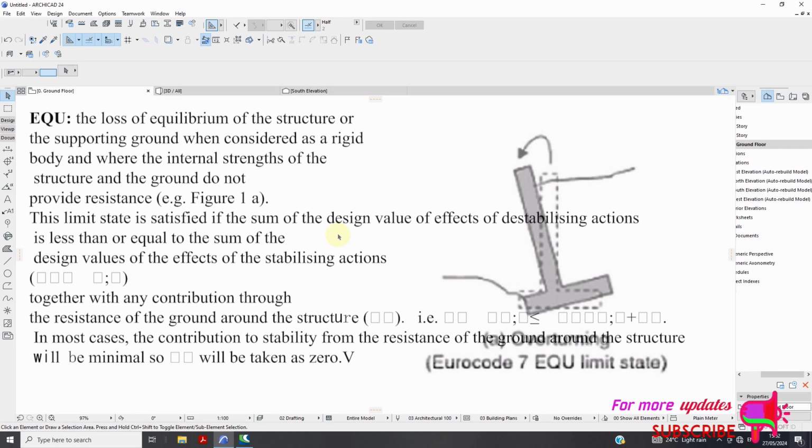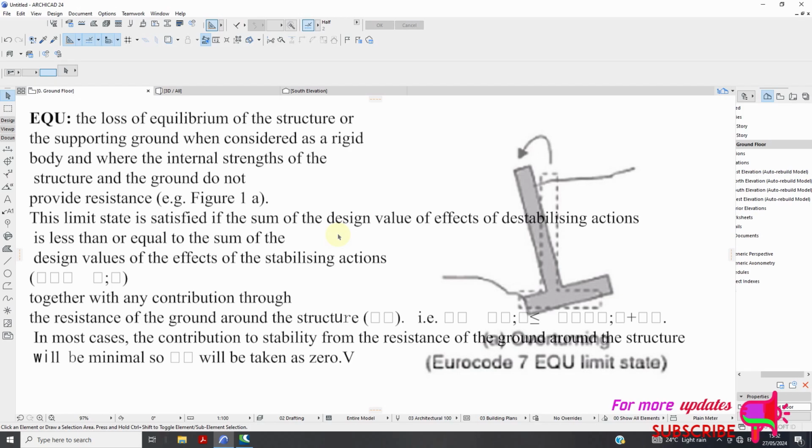The limit state is satisfied if the sum of the design value of the effect of destabilizing actions is less than or equal to the sum of the design value of the effect of the stabilizing actions together with any contribution through resistance of the ground around the structure, i.e., E destabilizing should be less than or equal to E stabilizing plus T, that is resistance due to the ground.